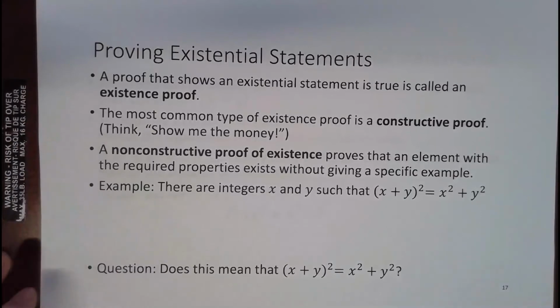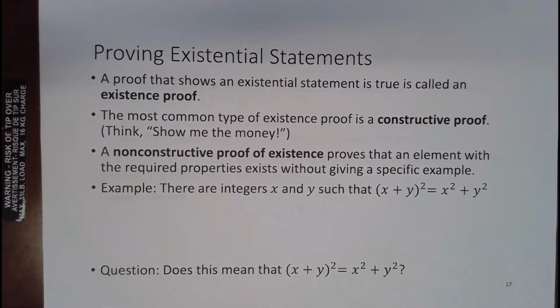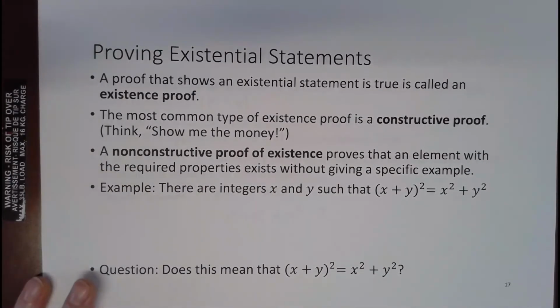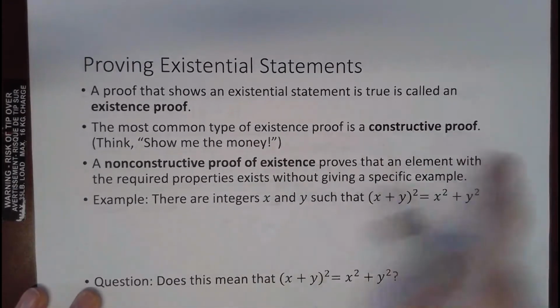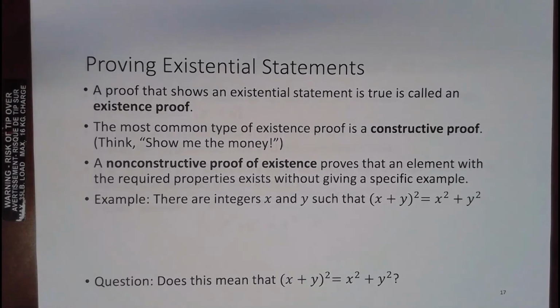Whereas a non-constructive proof is a little more esoteric, and it doesn't show you a specific one, it just makes some general argument that that kind of thing could exist. It doesn't tell you what it is. We're not going to do any like this, that's for more advanced math classes. All of ours are going to be constructive proofs, where you come up with a specific example of something.